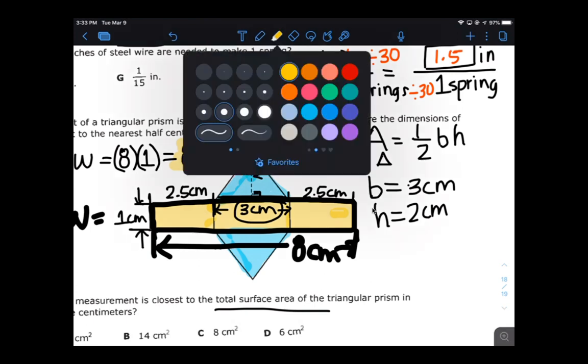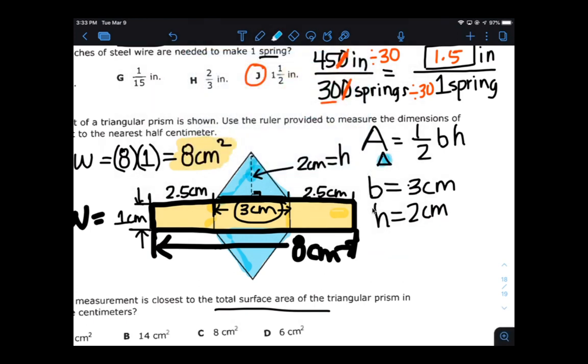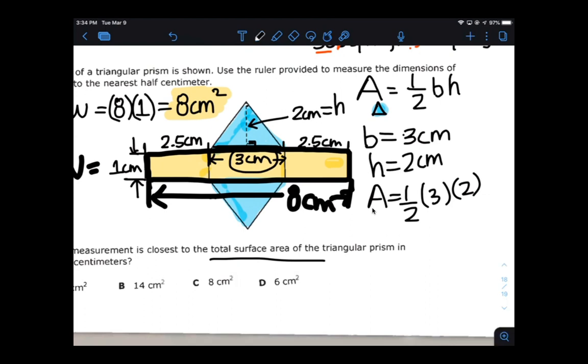To solve it, we just substitute these numbers into the formula. Area equals 1/2 of 3 times 2. We know how to multiply fractions, no problem, and we can simplify the 2 on top and the 2 on the bottom.